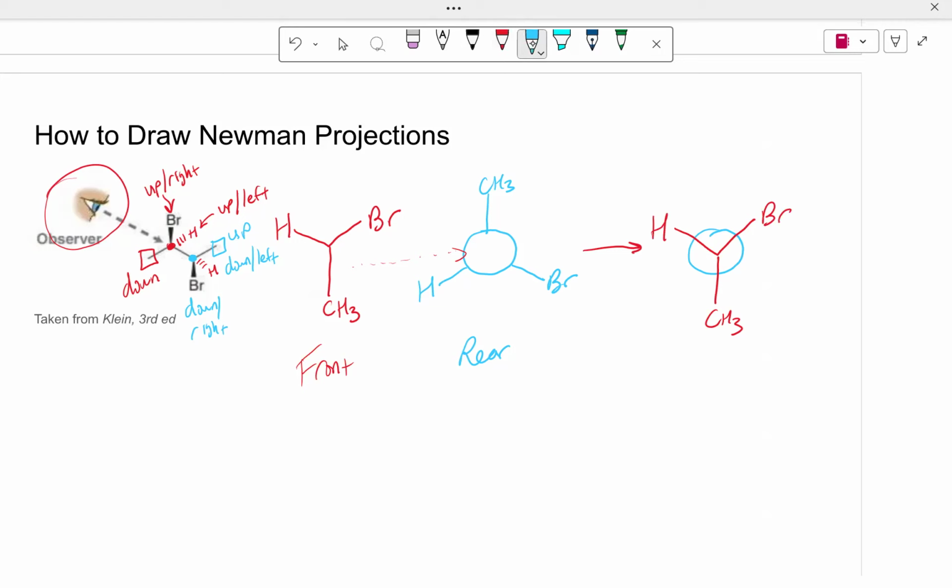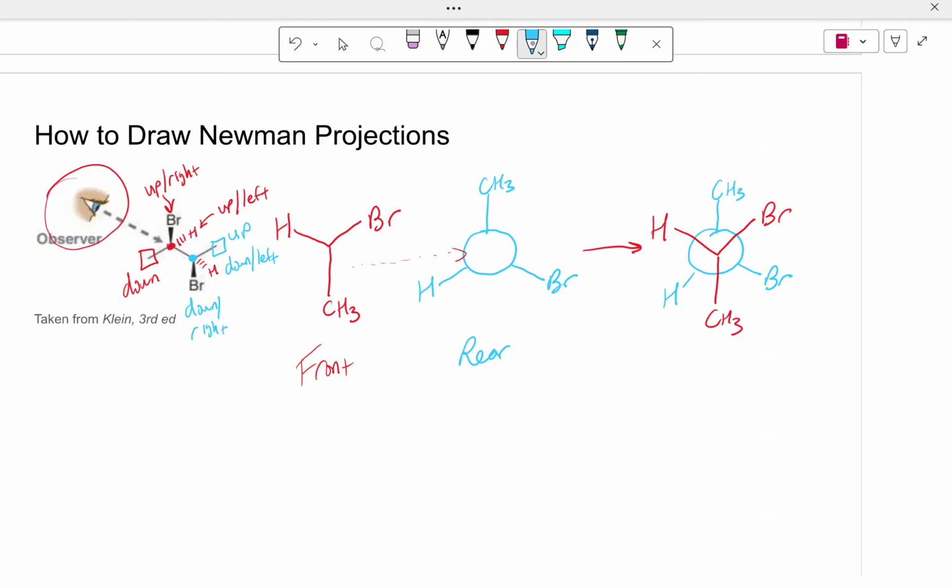And then on the back carbon, I'm going to draw that CH3 going up like this. The bromine going down and to the right is here, and the hydrogen going down and to the left is there. And so that's kind of it in a nutshell when it comes to drawing Newman projections.